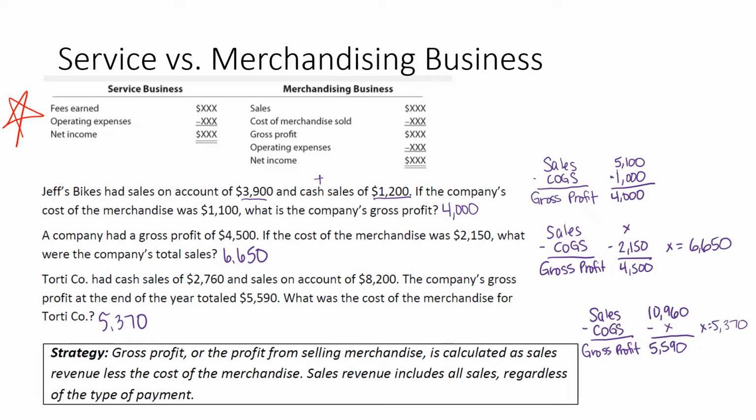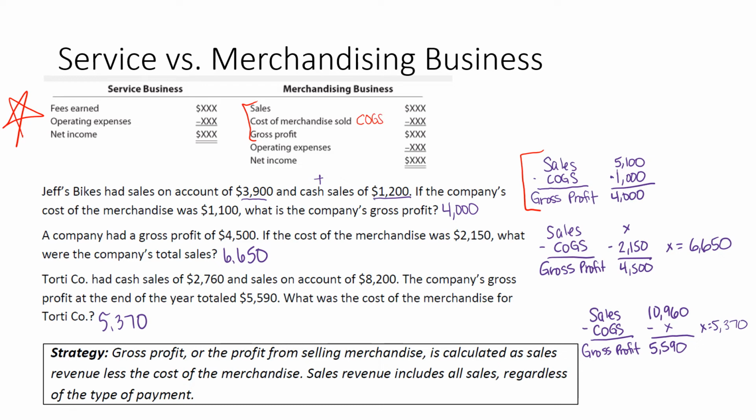So we will primarily be looking at the first three steps of this formula because the question is asking us to calculate gross profit. So if you look at the formula, you can see that sales minus cost of merchandise sold. This can also be called cost of goods sold. So sometimes you'll see it abbreviated COGS, cost of goods sold.